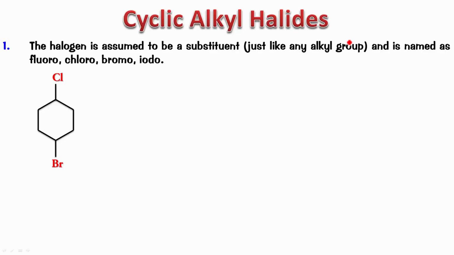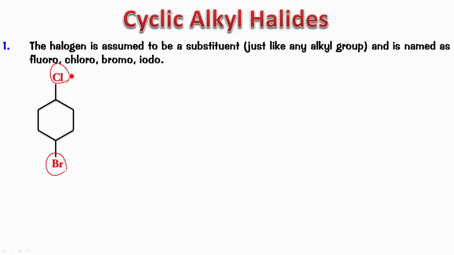As usual, pause the video, number it, name it, and then check the answer. Now, as you can see, in this particular situation, it's a cyclohexane ring, and I got a bromo here, I got a chloro here. Since there are two substituents, we know that in a cycloalkane, when there are two substituents, we have to number them. A single substituent need not be numbered, but two substituents have to be numbered, and one of them has to be given 1.